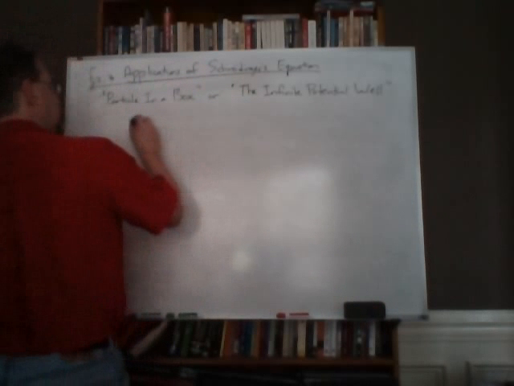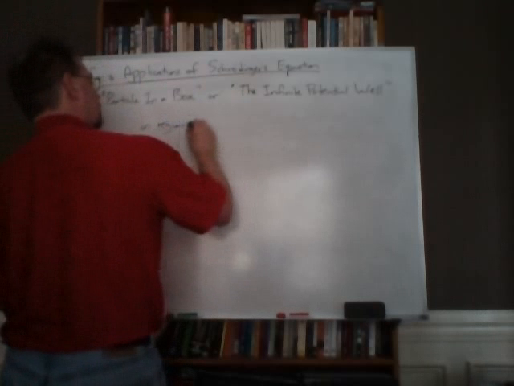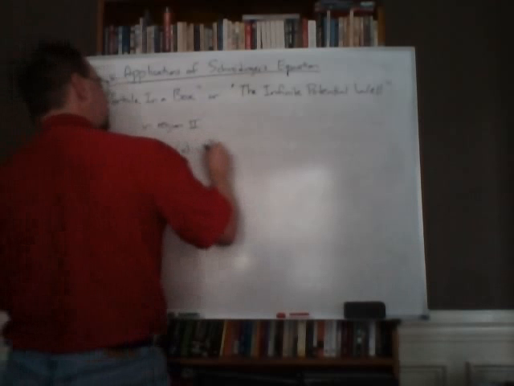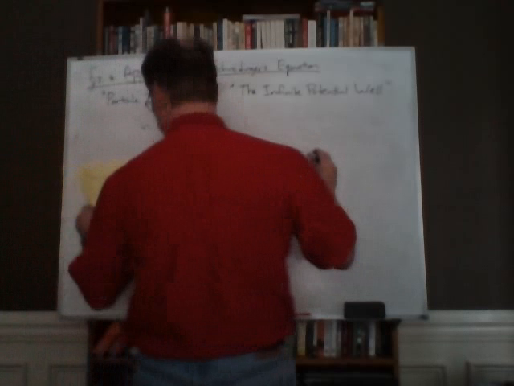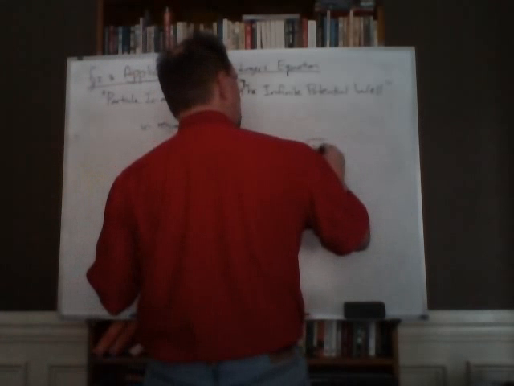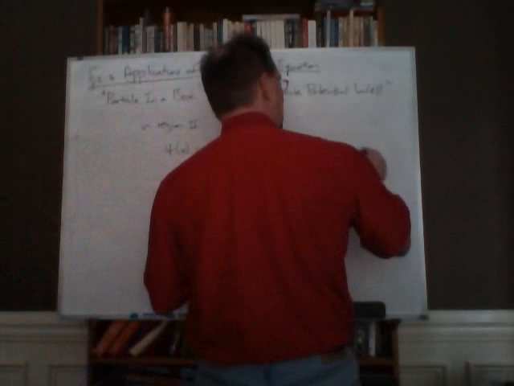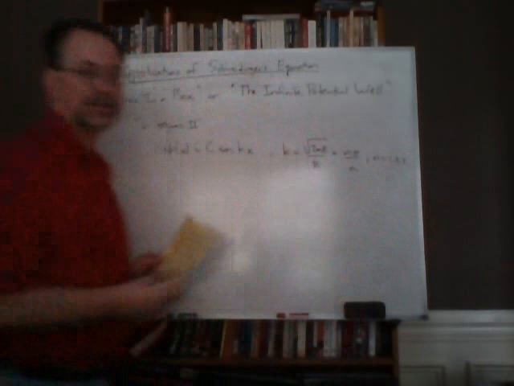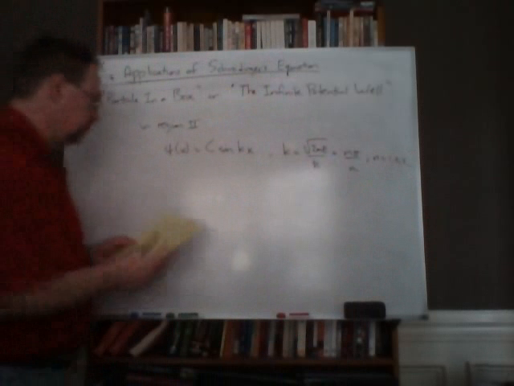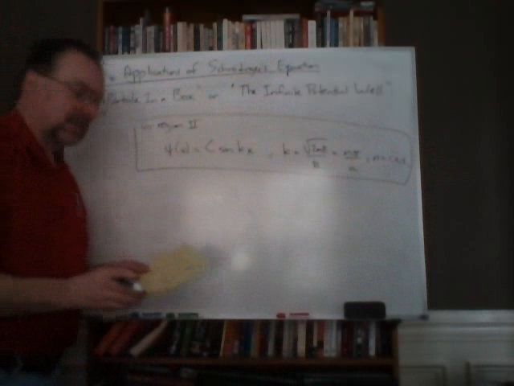We now know that in region 2, psi of x is equal to C sine kx, where k is equal to the square root of 2mE over h bar, and that is quantized as n pi over a, where n is 1, 2, 3, so they're positive integers. Well, what about C?